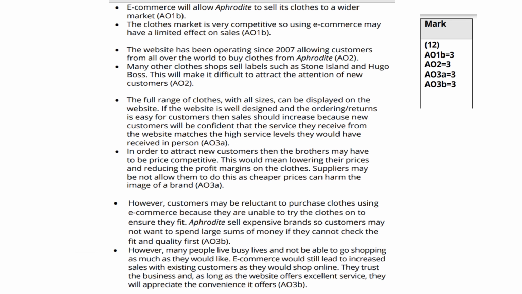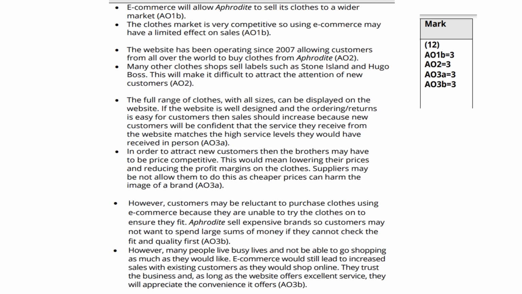E-commerce will allow Aphrodite to sell its clothes to a wider market. The clothes market is very competitive, so using e-commerce may have a limited effect on sales. The website has been operating since 2007, allowing customers from all over the world to buy clothes from Aphrodite. Many other clothes shops sell labels such as Stone Island and Hugo Boss.